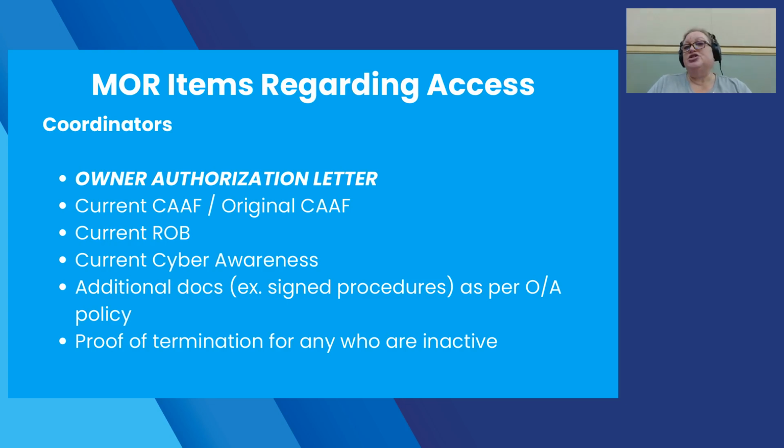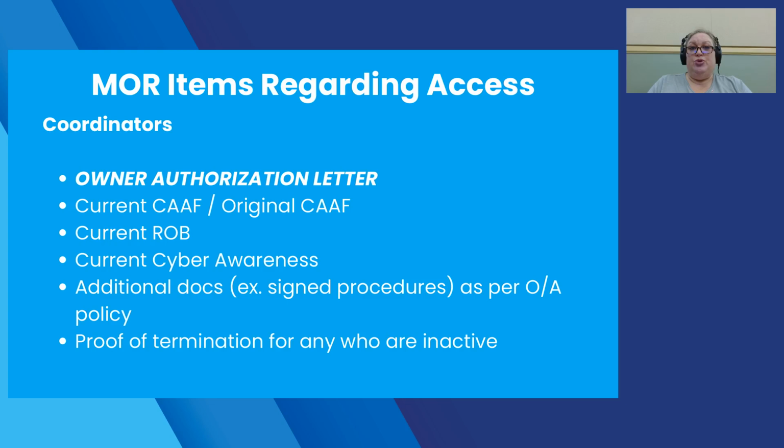That is the most important thing that you can have. That is permission from the owner to access the EIV system on their behalf. And remember, if the management company has changed recently or the particular coordinator has changed recently, you're going to want to make sure that there is an updated owner authorization letter in that file.